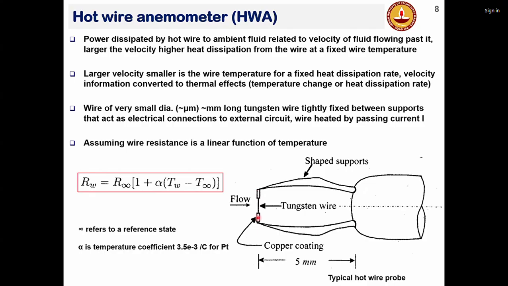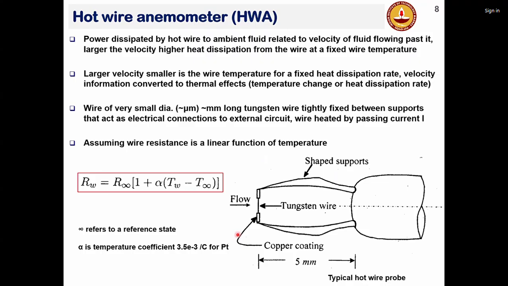These are the ends of the tungsten wire, which is typically coated by copper, because this copper can then be integrated with some kind of Wheatstone bridge circuit. So you can have electrical connection going from these copper ends. Basically this tungsten wire is used as a resistor in the Wheatstone bridge circuit.